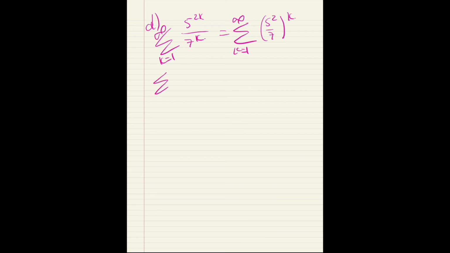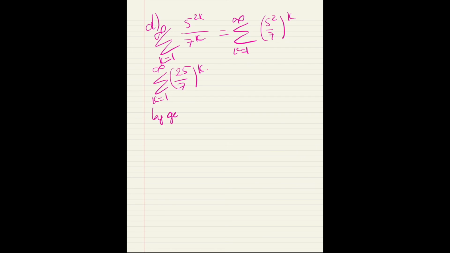For question D, the series from k equals 1 of 5^(2k) over 7^k. So this one is just equal to the series from k equals 1 to infinity of (5 squared over 7) to the power k, which means the series of 25 over 7^k.